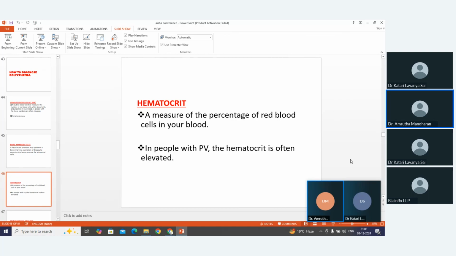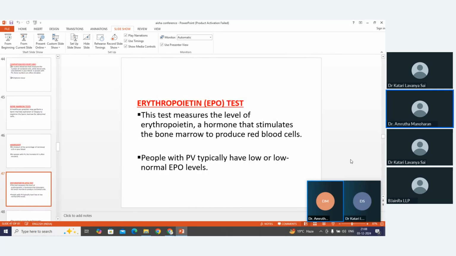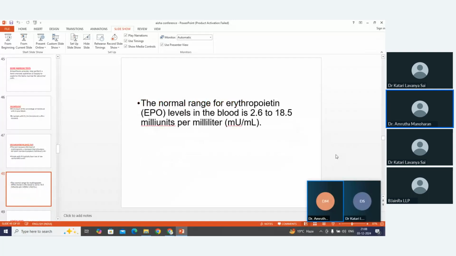Erythropoietin is an important hormone that acts as a stimulant for the production of RBC. So in polycythemia vera, the erythropoietin level will be low. The normal range of erythropoietin is 2.6 to 18.5 milliunits per milliliter. This is important: 2.6 to 18.5 milliunits per milliliter.